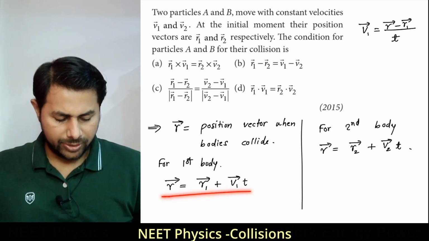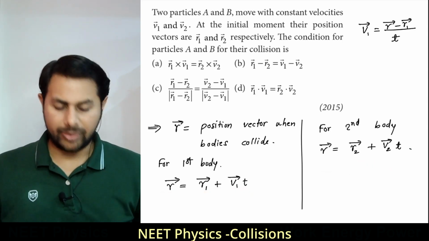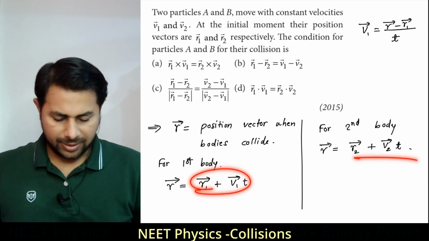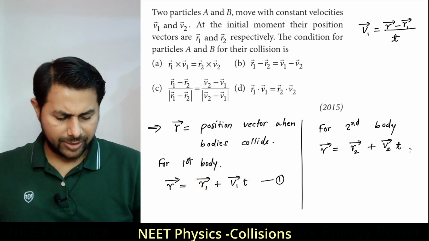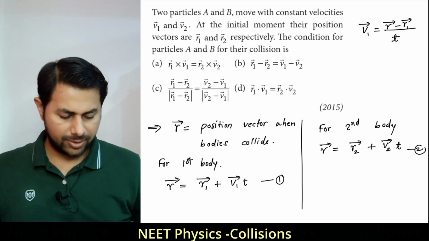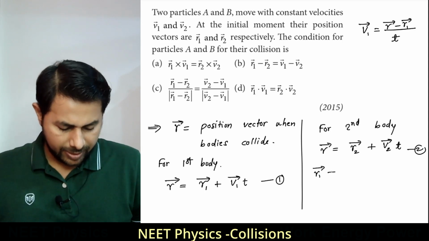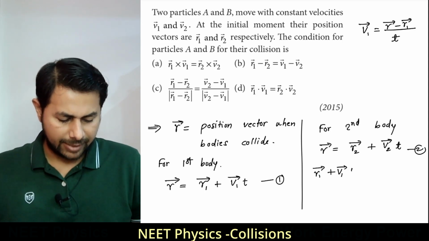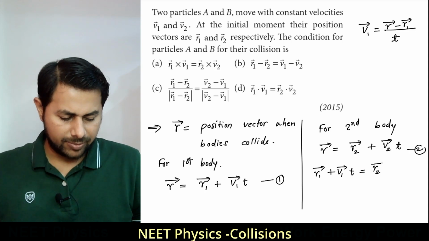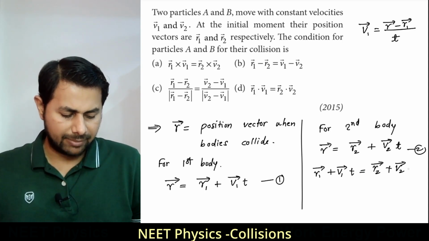Okay, so position vector of first and second will be equal. So just equate this one and this one. This is suppose equation 1, this is equation 2, right? So from 1 and 2 you can say that r1 bar plus v1 bar times t is equal to r2 bar plus v2 bar times t.